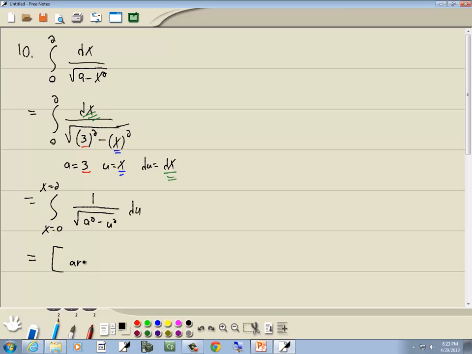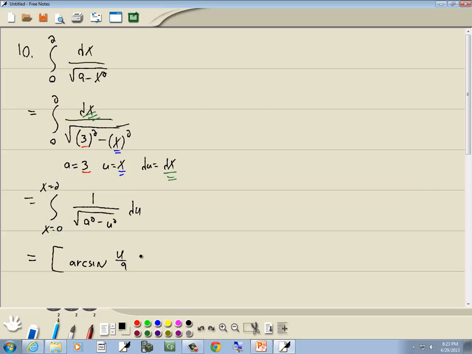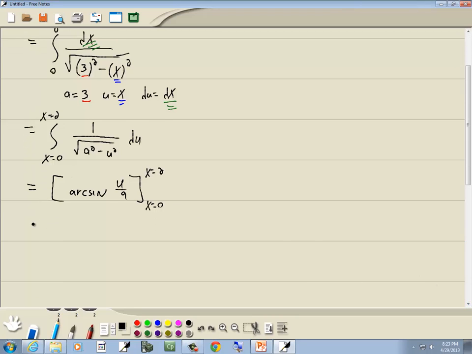So this will be arcsine of u over a from x equals 0 to x equals 2. We want to plug our u and a back in. So we're going to have arcsine of u, which was x, over a, which is 3, from x equals 0 to x equals 2.